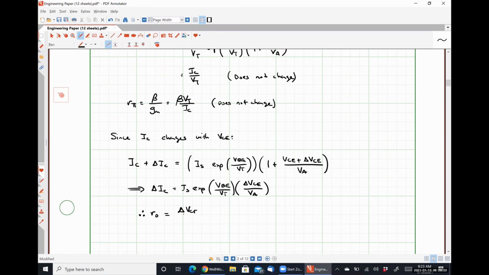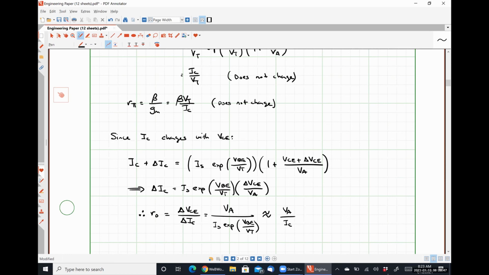Change in VCE with respect to change in IC is our early voltage VA divided by IS EXP VBE over VT, which is approximately equal to VA over IC.